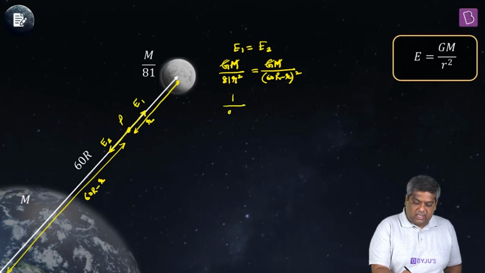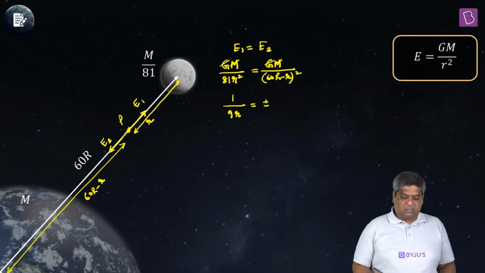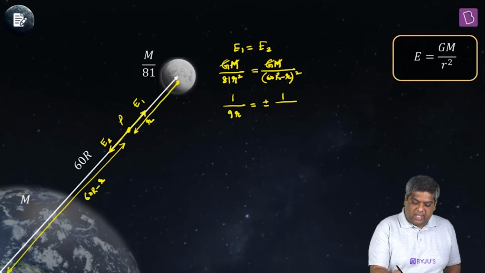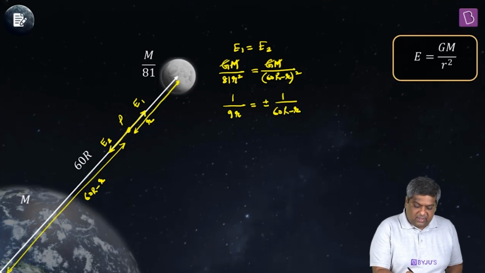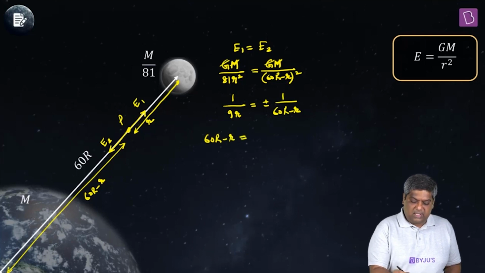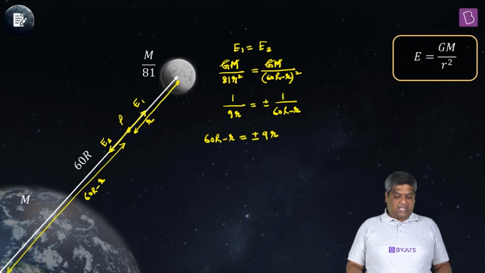So I'll have 1 by 9r is equal to, since I have taken the square root, it will be plus or minus 1 by (60 capital R minus small r), right? So let us solve. I'll have 60 capital R minus small r is equal to plus or minus 9r, correct?